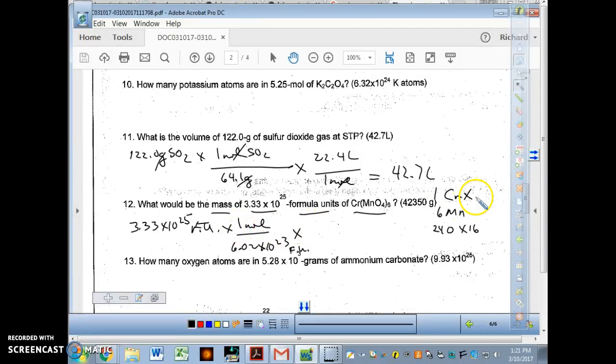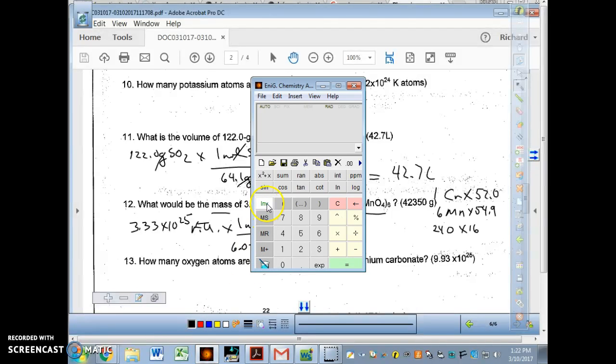Chromium is 52.0 and manganese is 54.9. I've got a little program here that will calculate my molar masses for me.